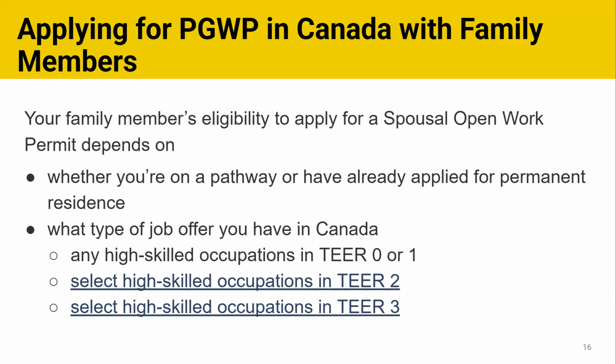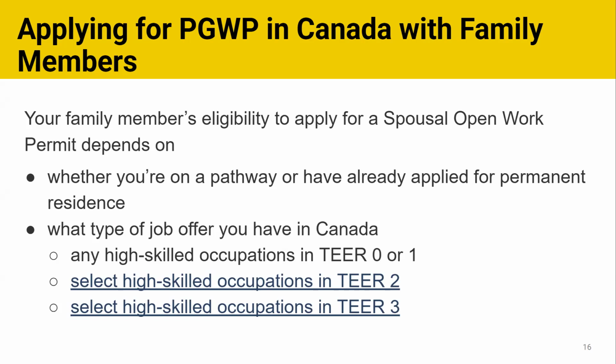The principal applicant is the student applying for PGWP. And it depends on what type of job offer you have in Canada: any high-skilled occupation in Tier 0 or 1, selected high-skill occupation in Tier 2, and selected high-skill occupation in Tier 3. So make sure you understand the eligibility.